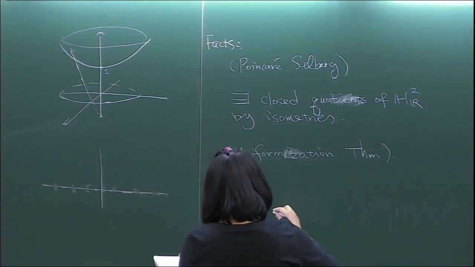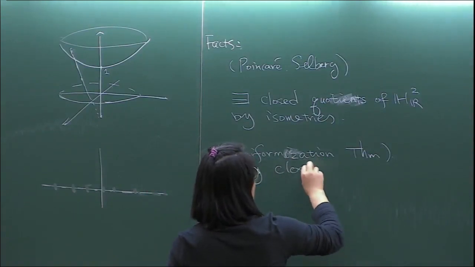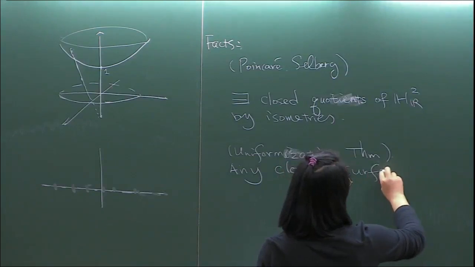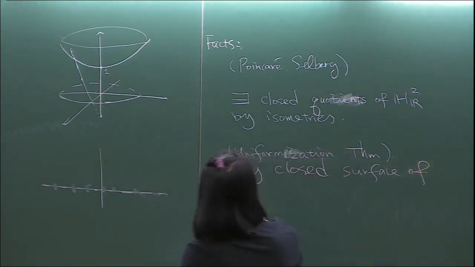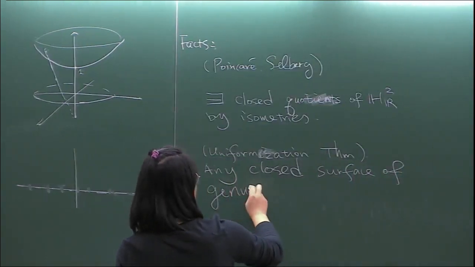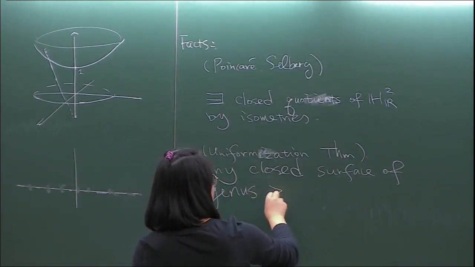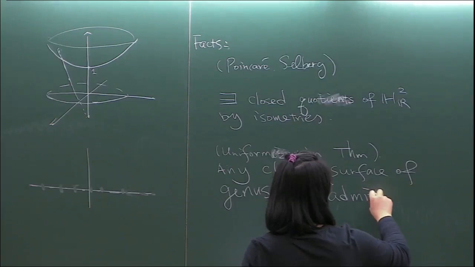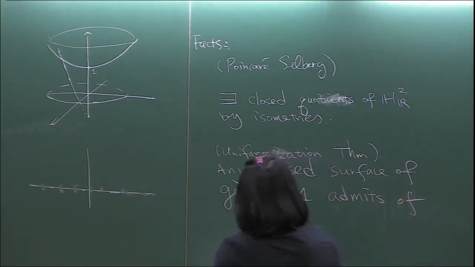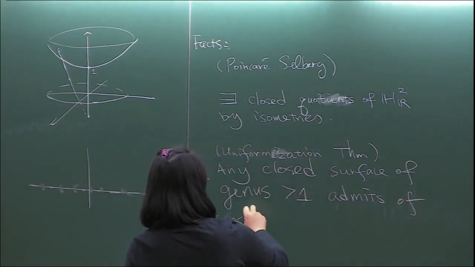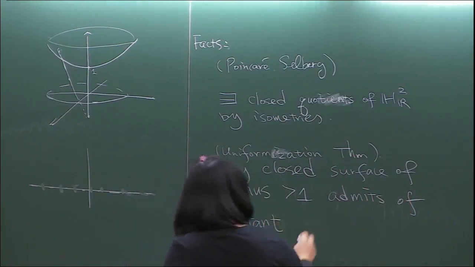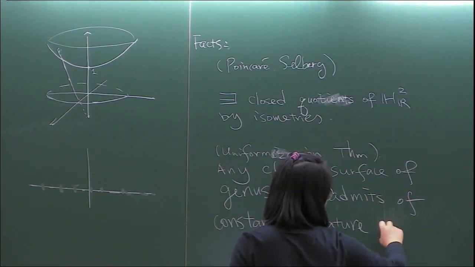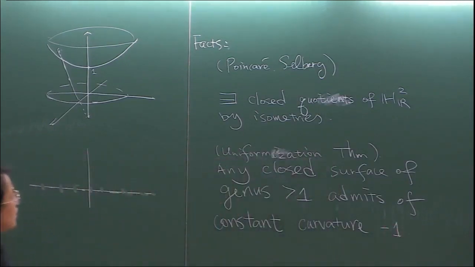Okay. So any closed surface of genus greater than 1 will admit a metric of constant negative curvature -1.